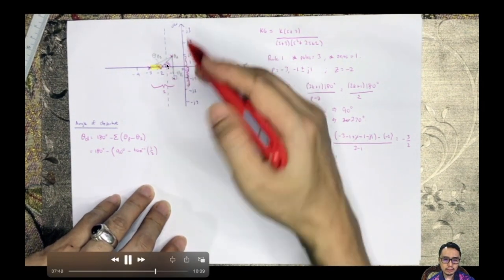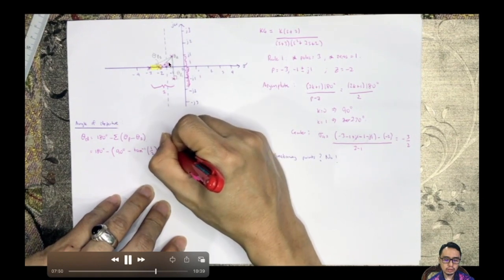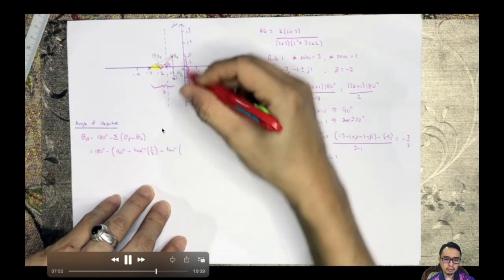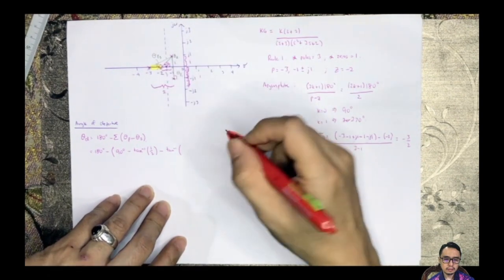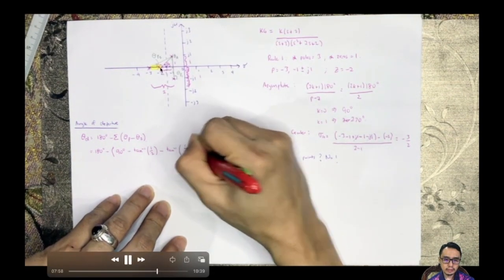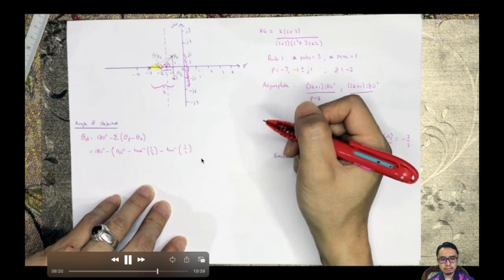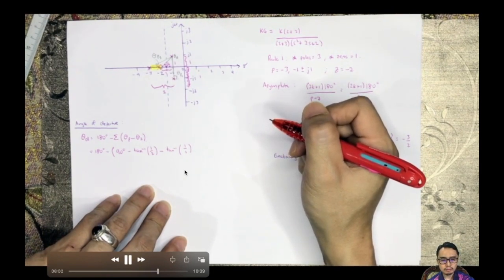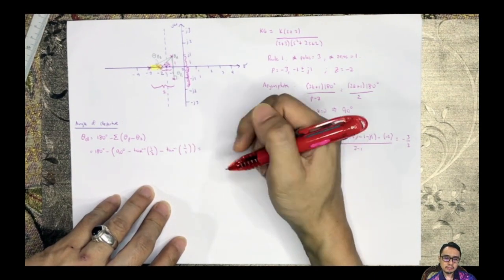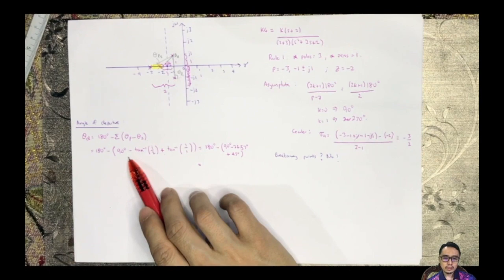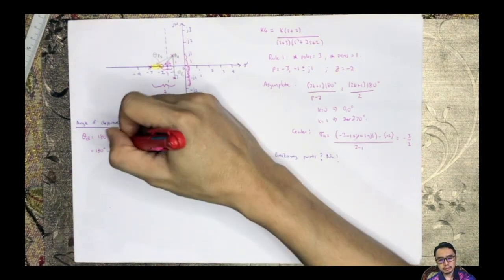So the next one is this zero. It should be minus. There's 1 here and there's 1 here. So it's just the inverse tangent of 1 over 1. Okay. So there's an error in the signage, so you better be careful.